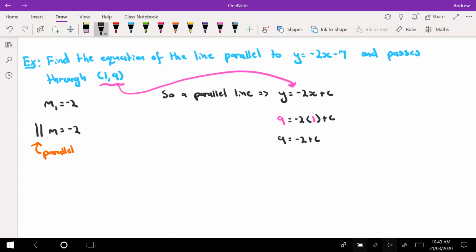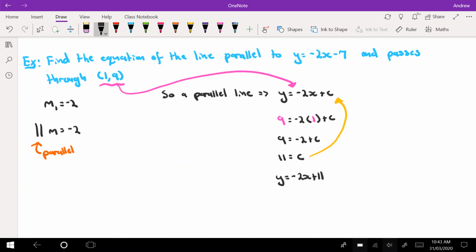Negative 2 times 1 is just negative 2. And then 11 equals c. Put that back into my first line. So my final equation is going to be that y equals negative 2x plus 11.